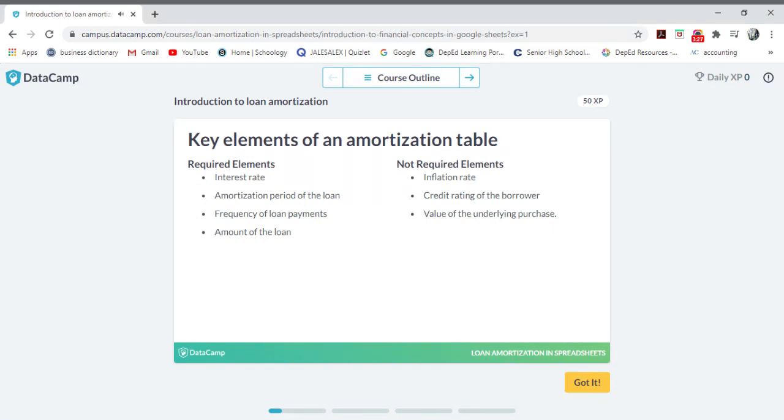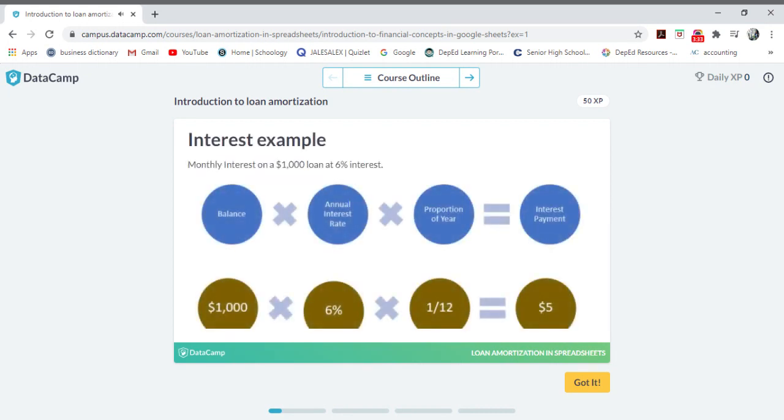So knowing anything not directly related to the loan is not required. For most of this course, we will be dealing with simple interest. This is calculated by taking a balance, multiplying by the annual interest rate, then prorating the interest for the proportion of the year. There is no need to worry about calculations such as interest compounding.